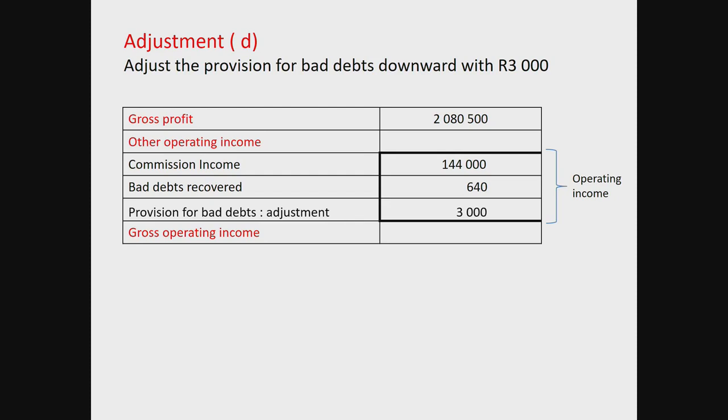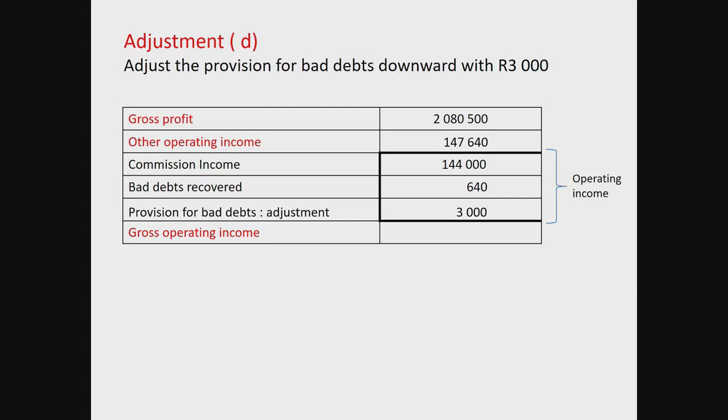So we can actually total those three amounts and write it in line with the words other operating income. If we total that, it comes to 147,640. Right? Which represents those three figures: the 144,000, the 640, and the 3,000.